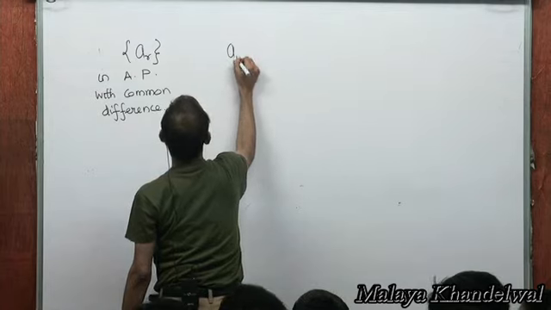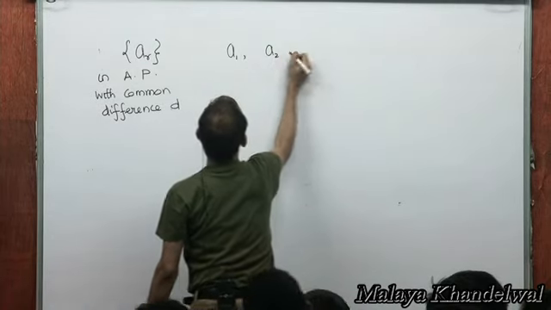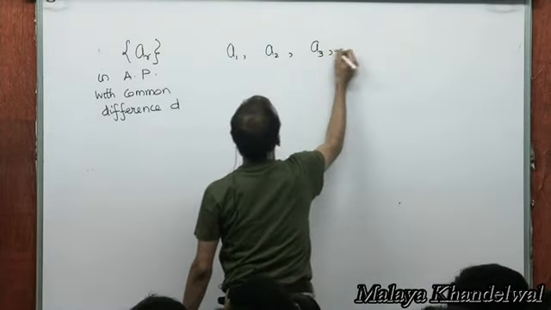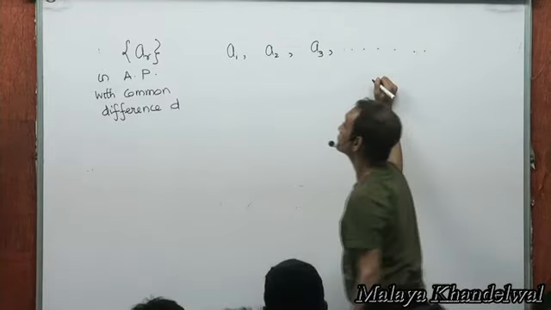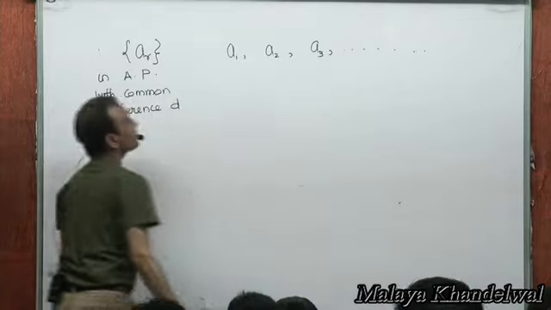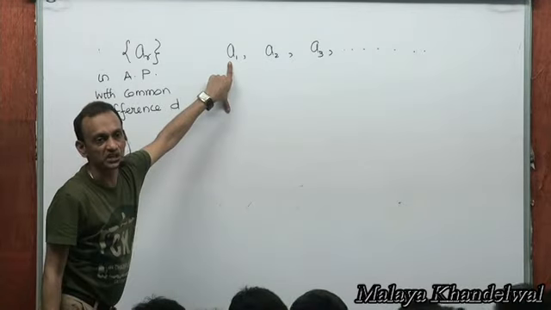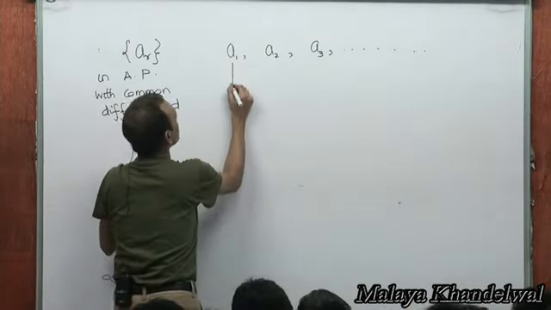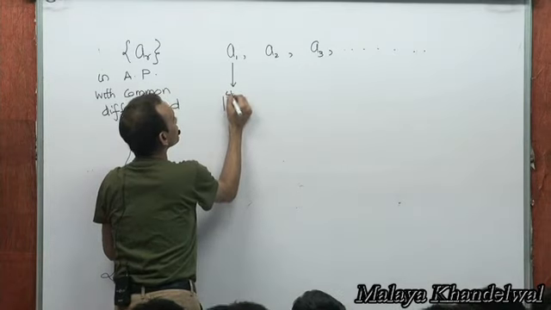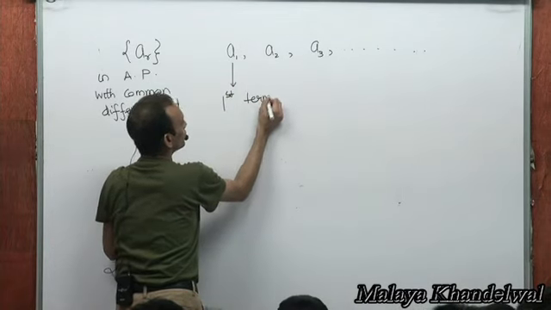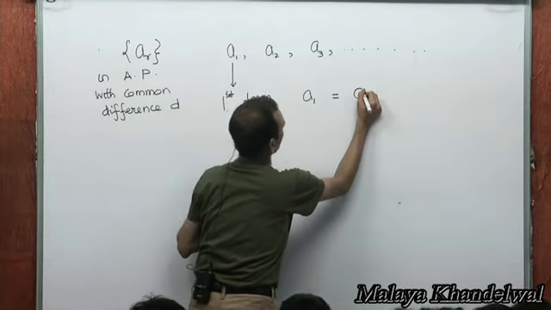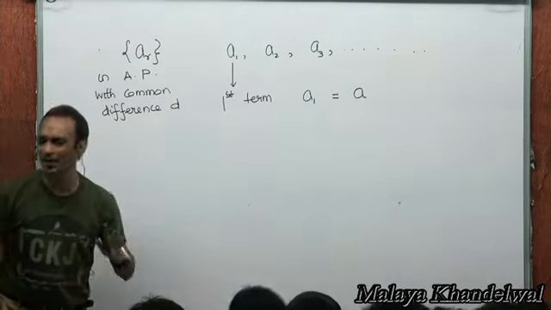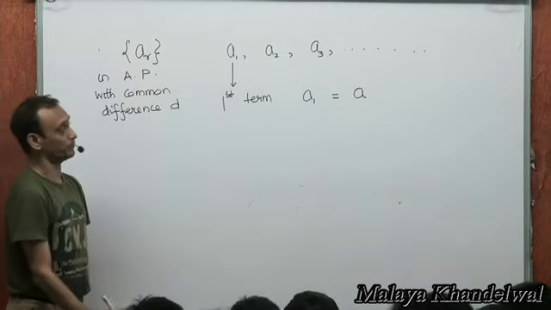It's a set of numbers A1, A2, A3, and so on and so forth. This is called the first term of the sequence. A1, let me, in common terminology, refer to that as A. A1 is some number A. First term.